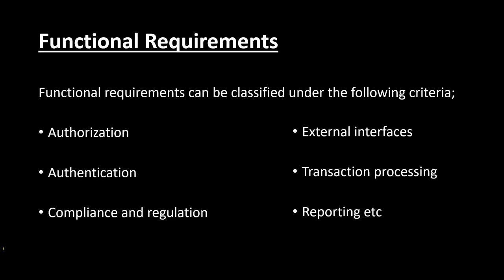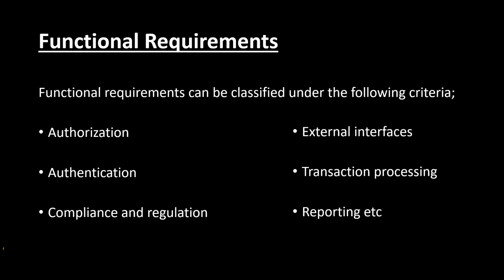Now, what happens between Amazon and Google is what we call external interface communication. Amazon is trying to communicate with an external interface or an external platform or an external application, which is Google, right?